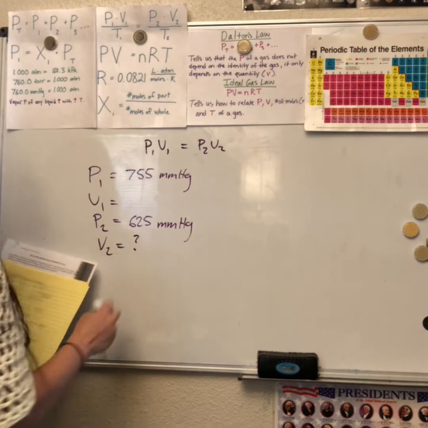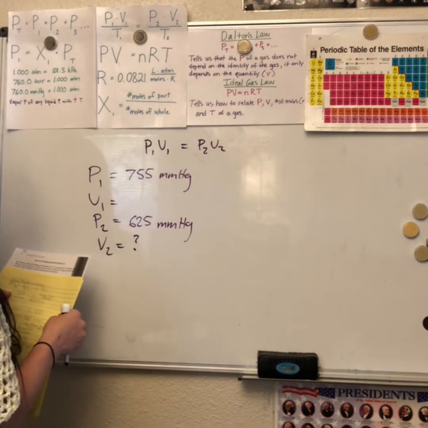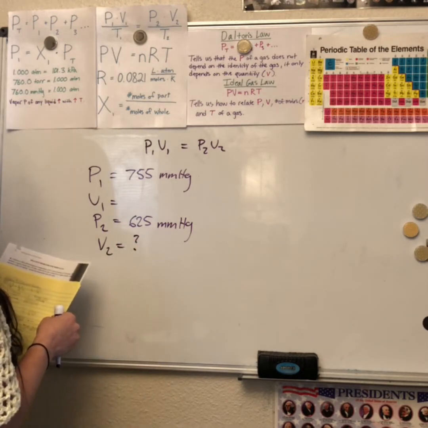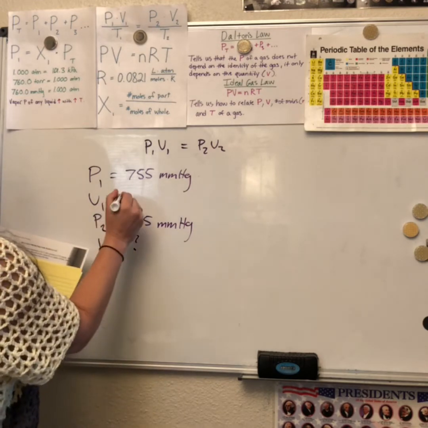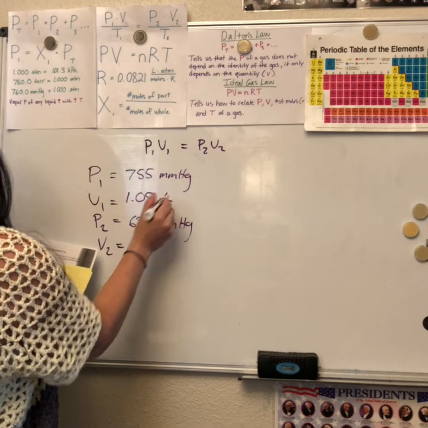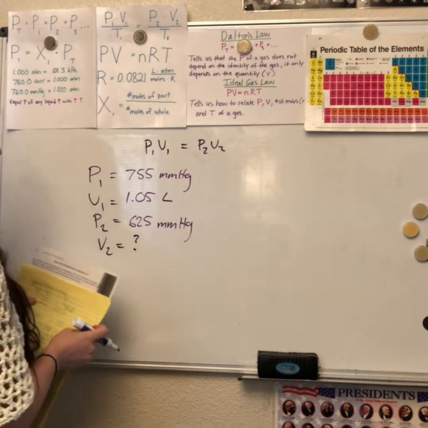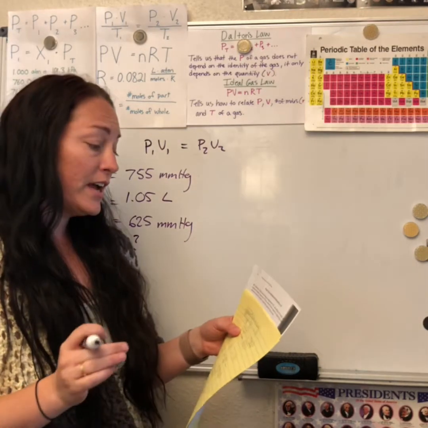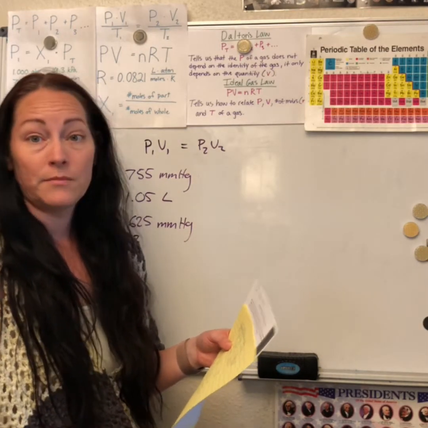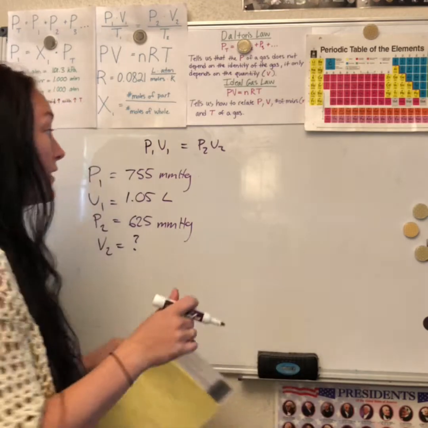So I'm going to put a question mark right there. That's what I'm solving for. And then they said the balloon's original volume was 1.05 liters. Okay? So be aware they did give you a temperature, but at the very end they did say assume the temperature stays the same. So as long as they say that, we can get rid of it. You don't even need that.